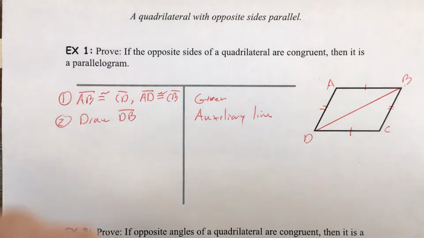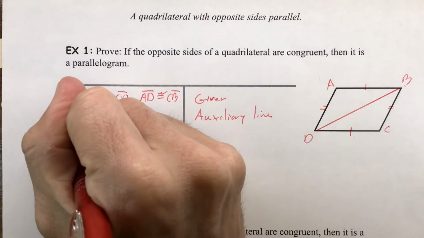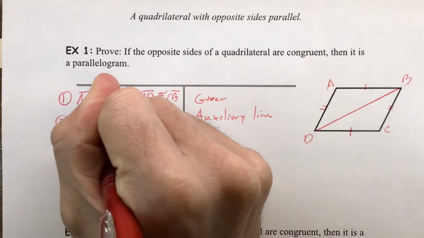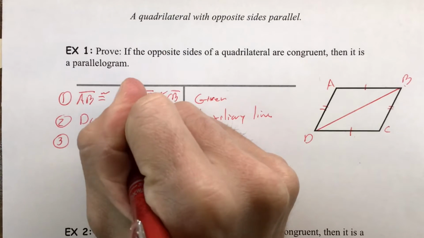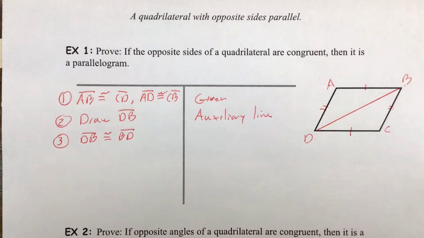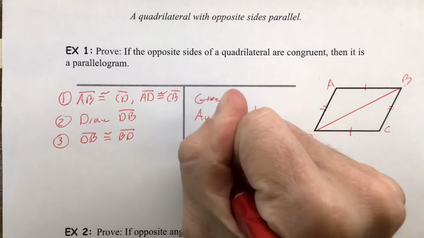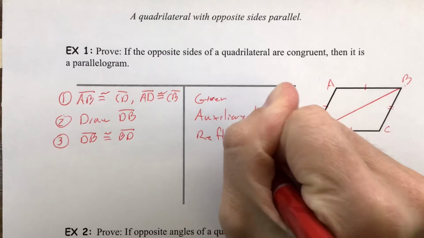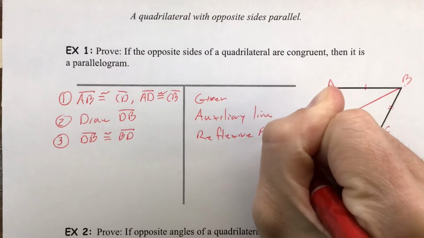Given that segment, step 3, we can state that DB is congruent to BD, again backwards for a reason here, using the reflexive property.